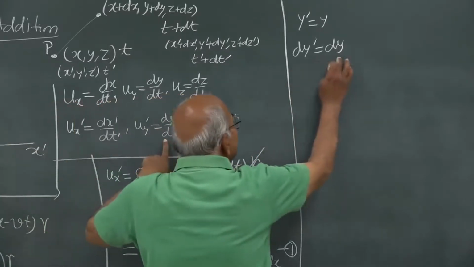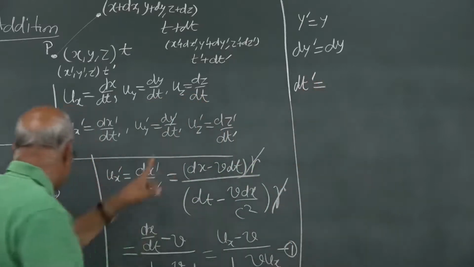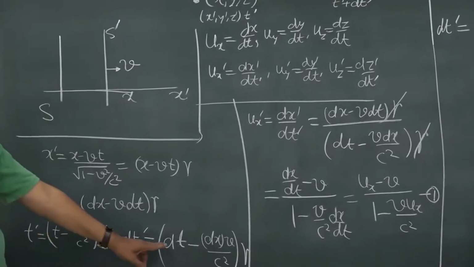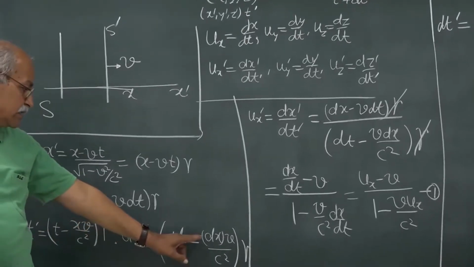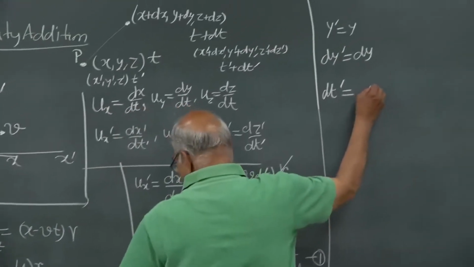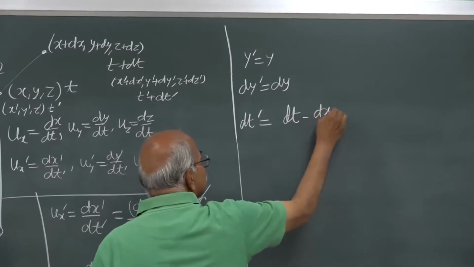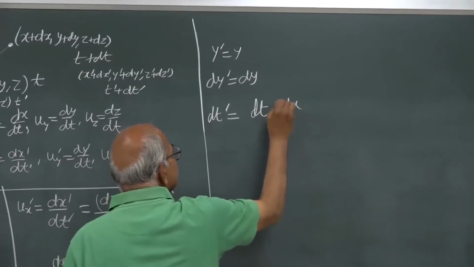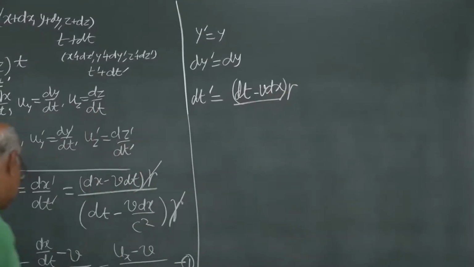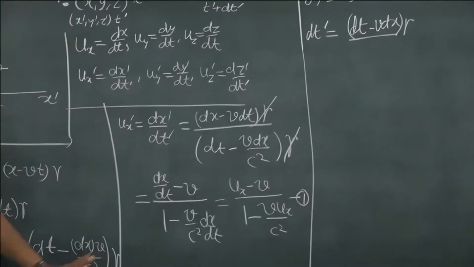So dy prime is this, but dt prime is not dt. dt prime we have written here: dt prime is dt minus v dx by c square, times gamma.